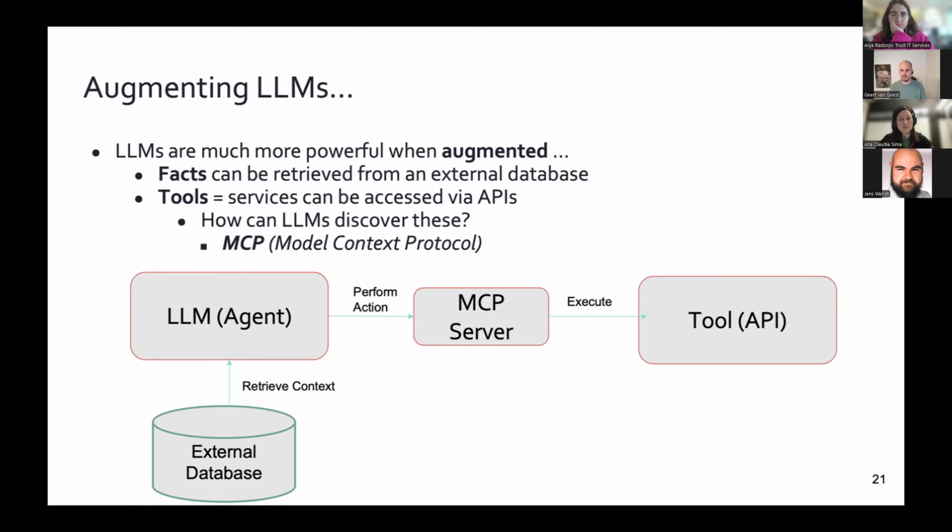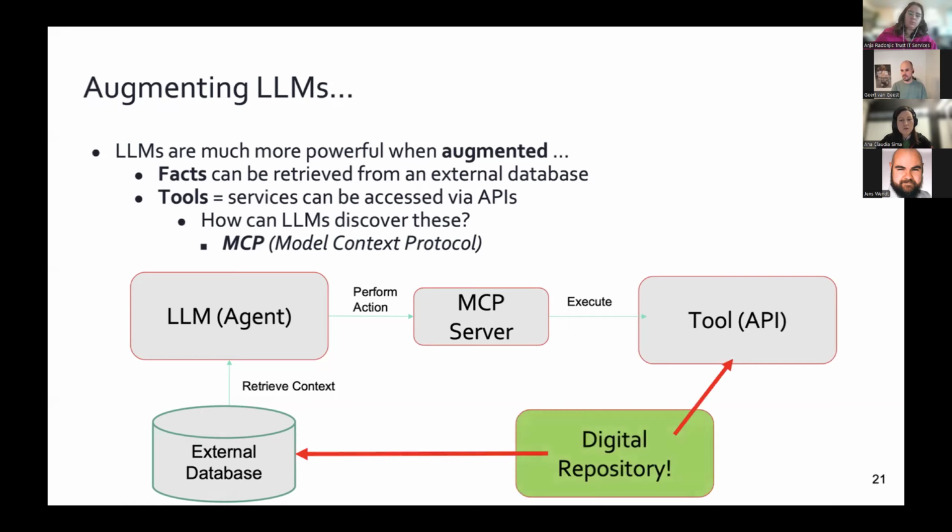And if we look at this picture, it is fairly straightforward to see that digital repositories can provide both data and tools in the form of, for example, APIs, in order to facilitate the access to data for casual users via LLMs.